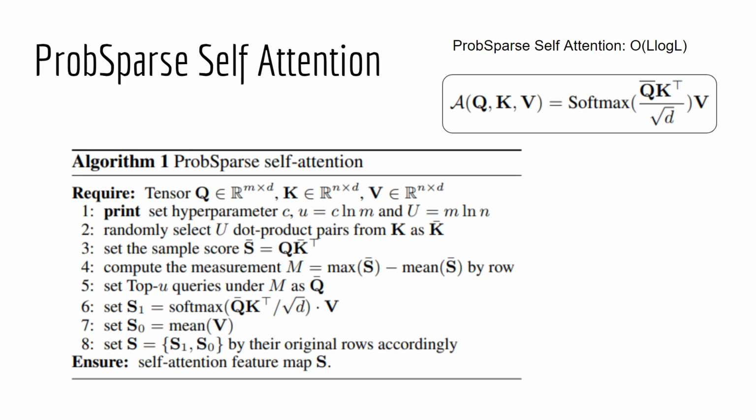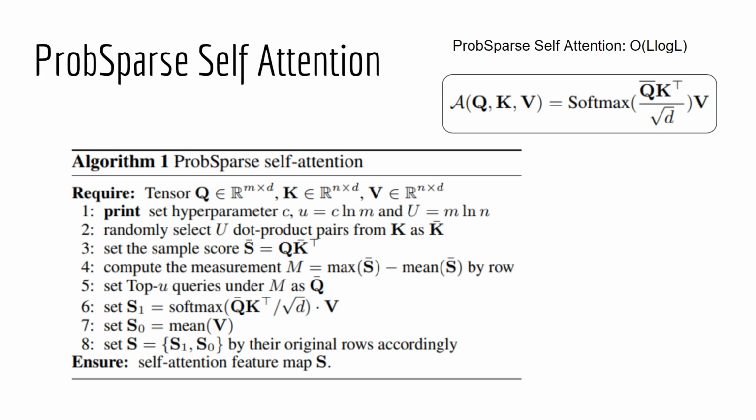Little u is C times ln of m, which is the length of the query. Big U is m times ln of n, which is the length of the key and value. Then, dot product pairs are randomly selected for k.